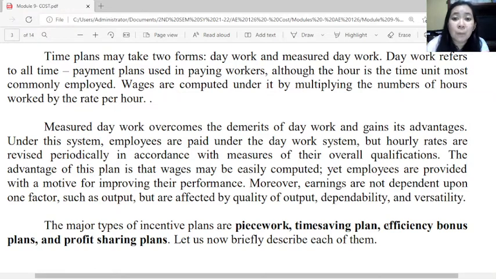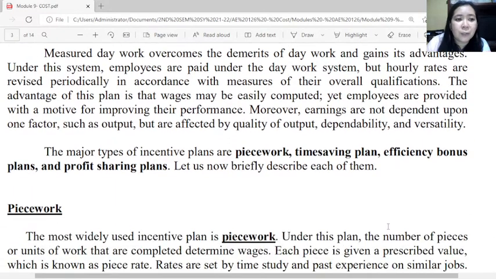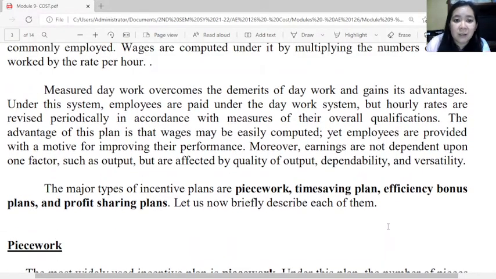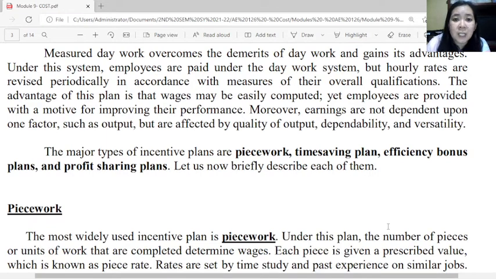So wages computed under it will be determined by multiplying the number of hours by the rate per hour. Okay. How about measured day work? Okay, so here it overcomes the demerits of the day work and gains its advantages. Under this system, the employees are paid under the day work system, but hourly rates are measured.